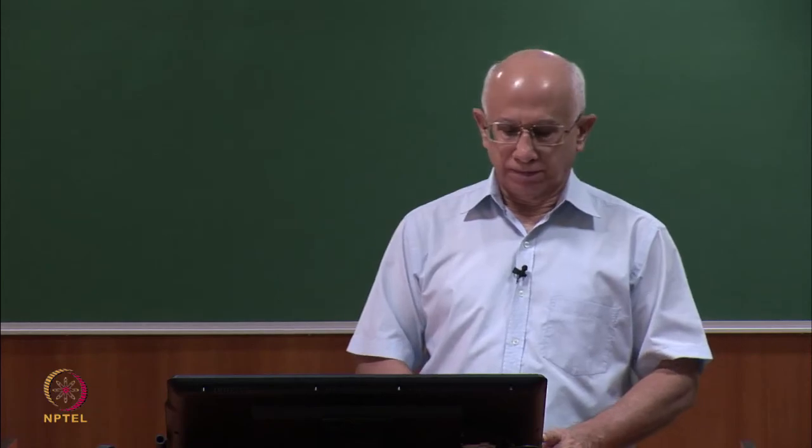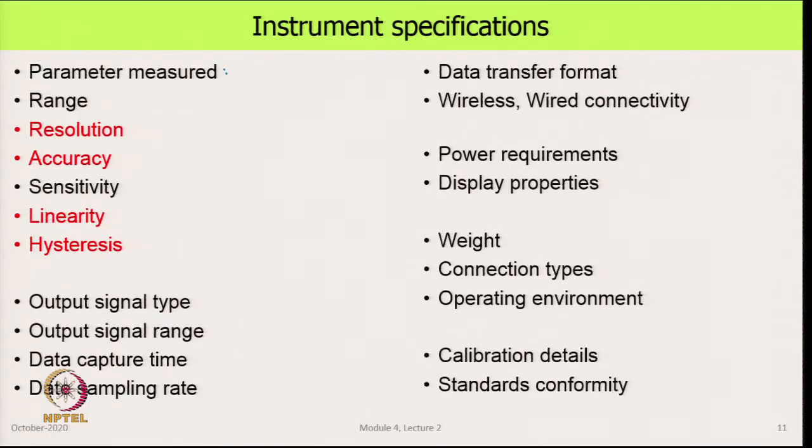So, here we go. It will always tell you what is the parameter being measured: pressure, temperature, flow, pH, concentration of CO2, all of that. Range, that is the smallest value that it can measure and the largest value. Smallest value need not be 0. Very close to 0, many instruments become nonlinear and manufacturers do not recommend using it below a certain value.